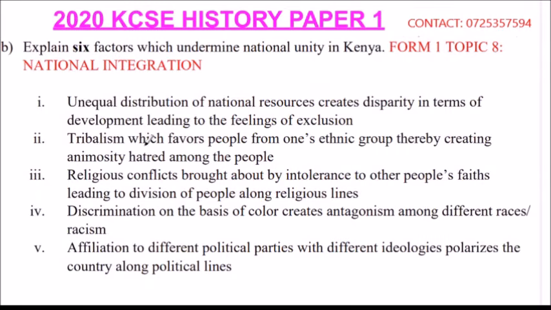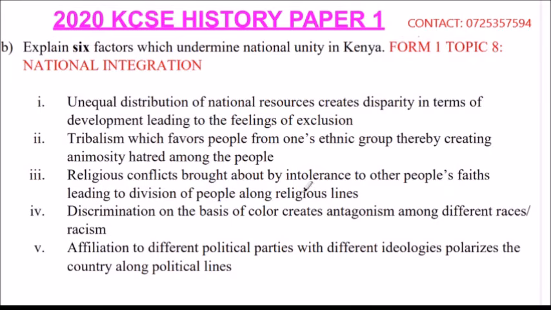Number 2, tribalism, which favors people from one ethnic group, thereby creating animosity or hatred among the people. So when you practice tribalism, that undermines national unity.